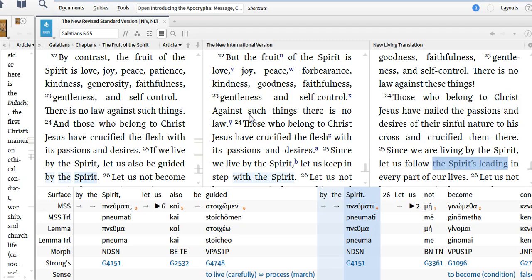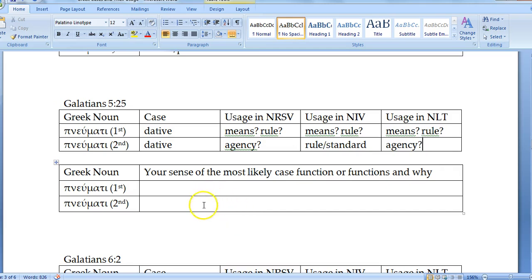It seems that means could work well with either one, but especially if we think about the root meaning of this verb, we really could go with rule or standard.